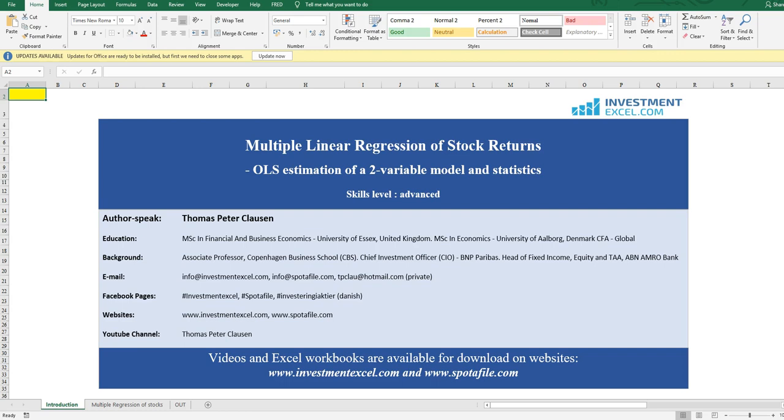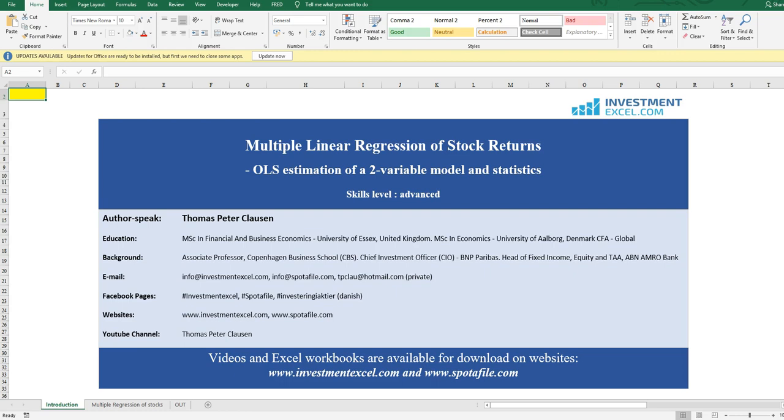Welcome to this session where I will show you how to build a multiple linear regression model, where we will try to estimate a relationship between a time series of stock returns and two exogenous variables: US GDP and the US 10-year Treasury bond.